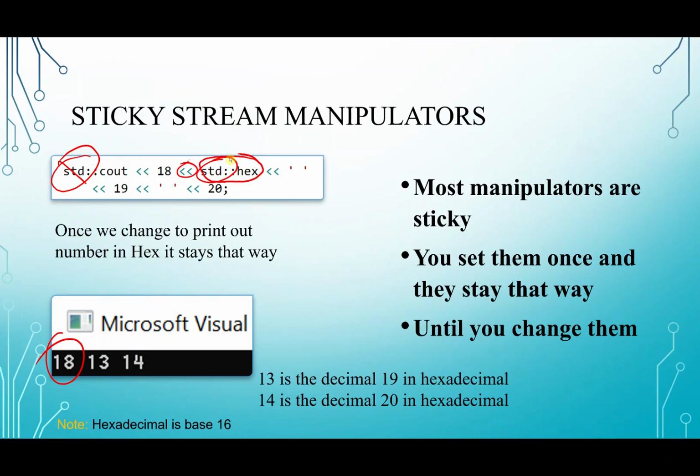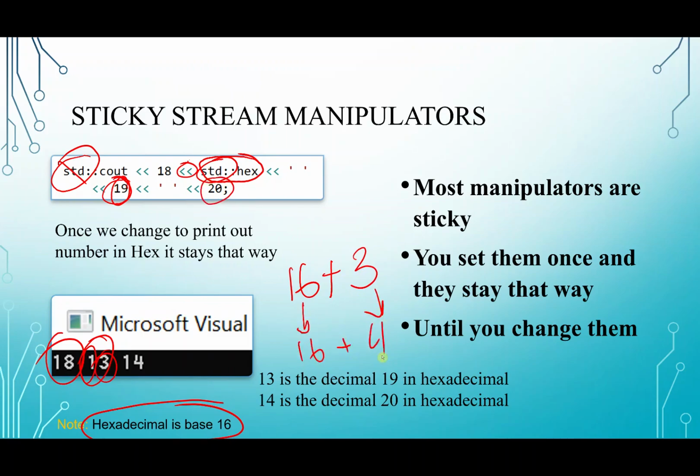So anything I enter right now in decimal, I want to see it in hexadecimal, which is base 16. So 19 is going to be converted to base 16, and you'll see it as 13, which is basically 16 plus 3. 20, same thing. 16 plus 4, this is the 20.